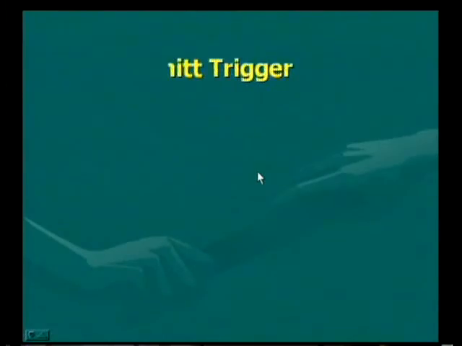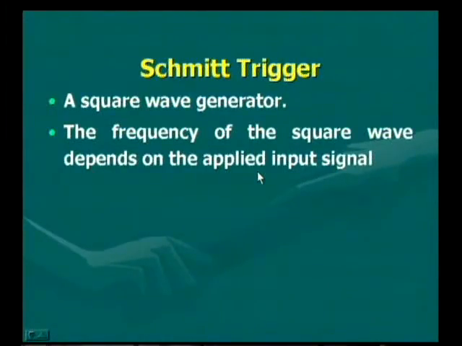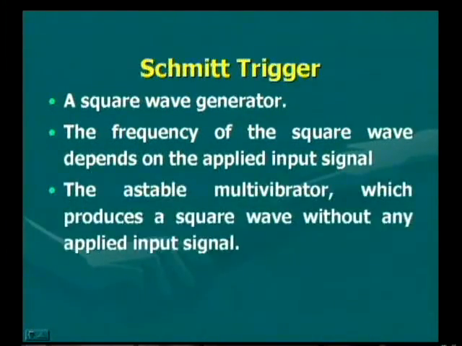And now we can conclude the Schmitt trigger is a square wave generator whose frequency depends upon the applied input signal. If we compare with the bistable multivibrator, the frequency depends on the rate at which the trigger pulse is applied.